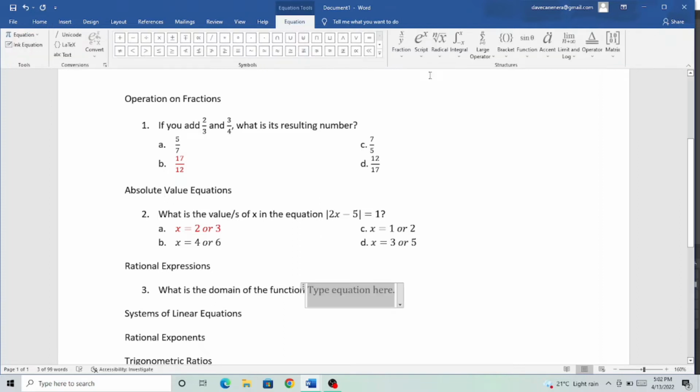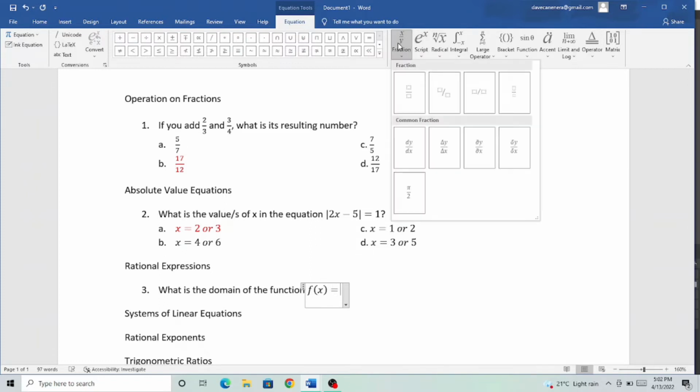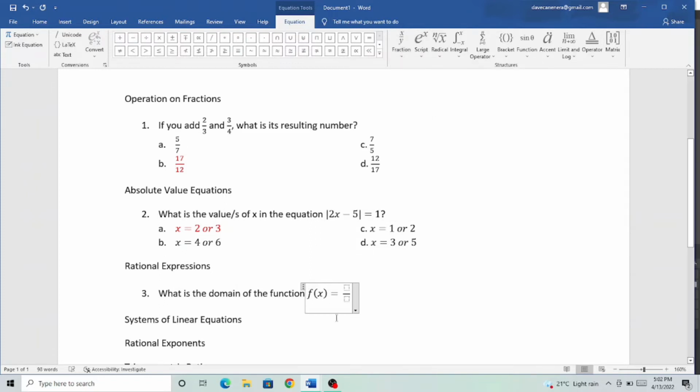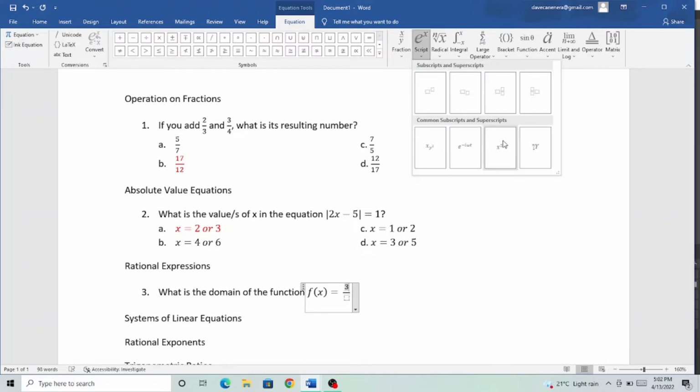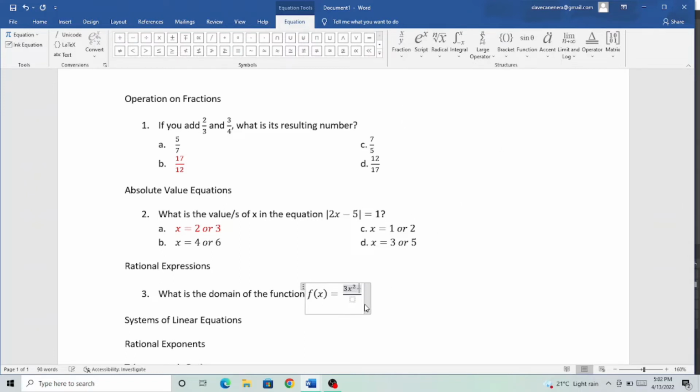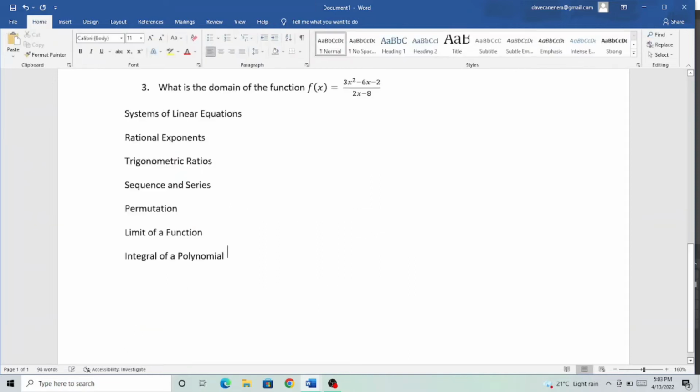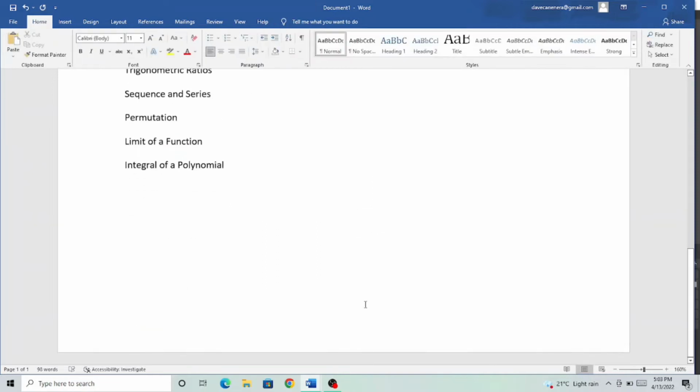Let's use the equation format. f of x equals, let's use some rational functions. From the script structure, we have here 3x squared minus 6x minus 2 over 2x minus 8. That's it for our question.